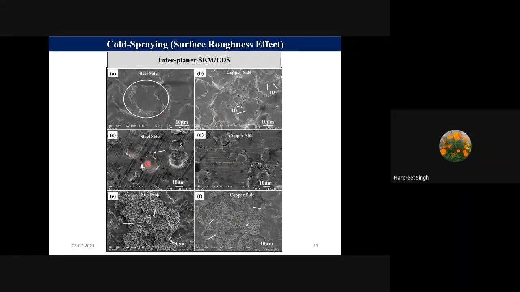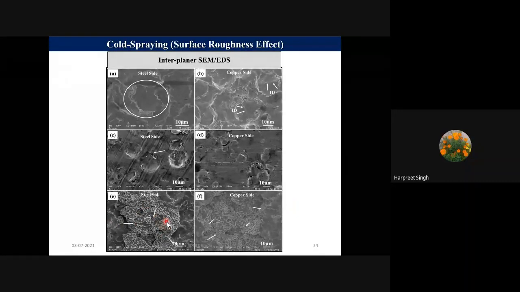These are like dimples, right? And this is the steel side, this is the copper side. Here there was no adhesion in this case, right? Here it was okay adhesion, but this we call best adhesion, right? Now here there are some different kinds of features.